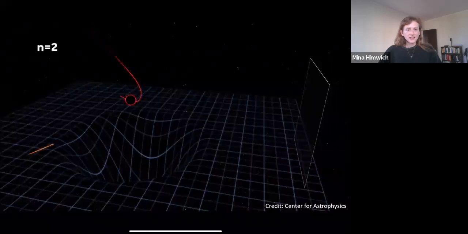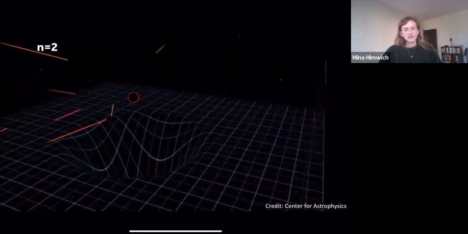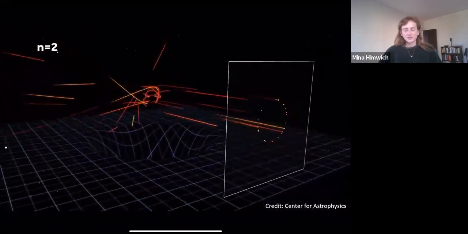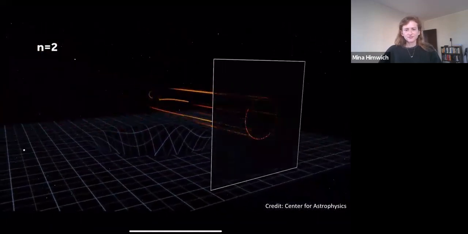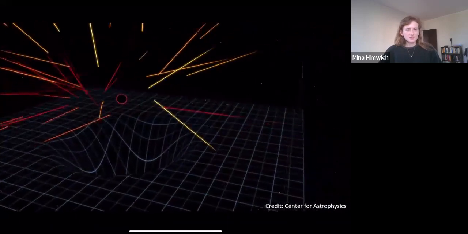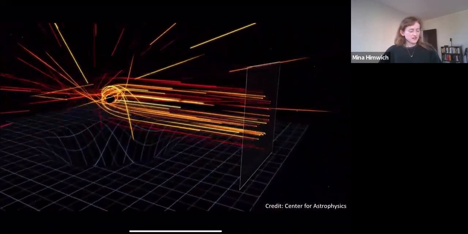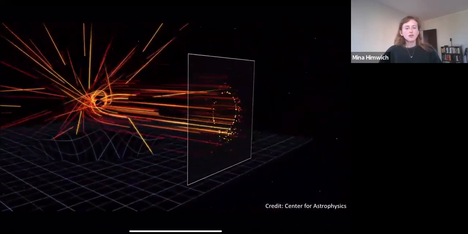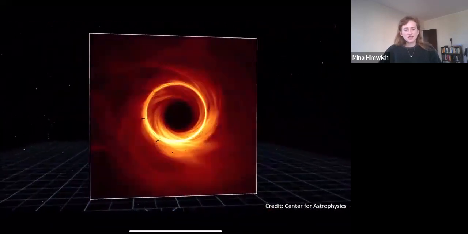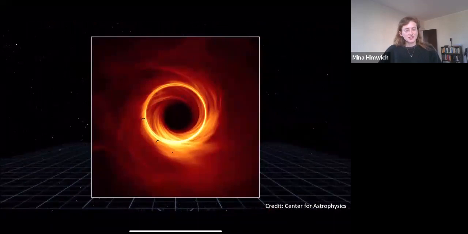Then there's also light that executes n equals 2 half orbits, or 1 full orbit, and it will be further focused into this narrower and brighter thin ring on the screen. So the light that we see when we take a picture comes from the sum of all of these arbitrary n number of half orbits. And that's what will make up what we see.